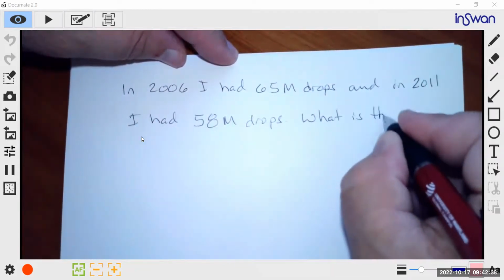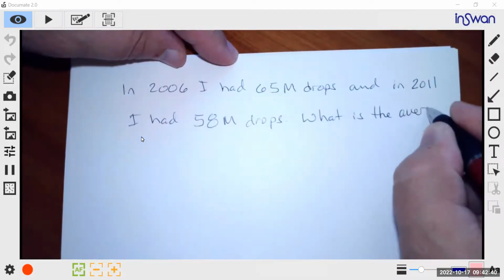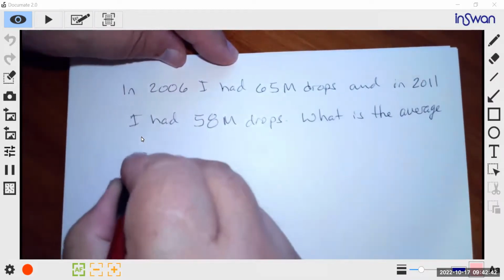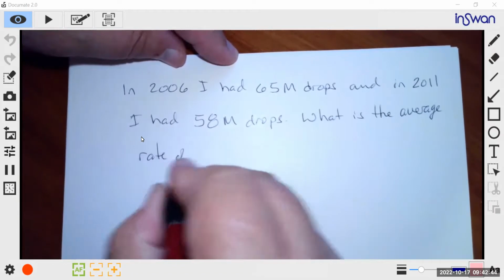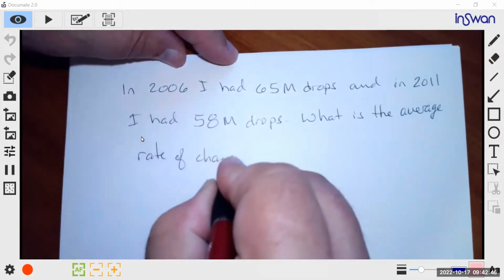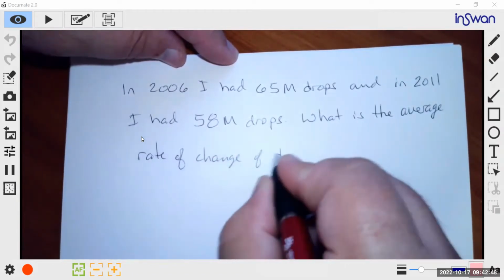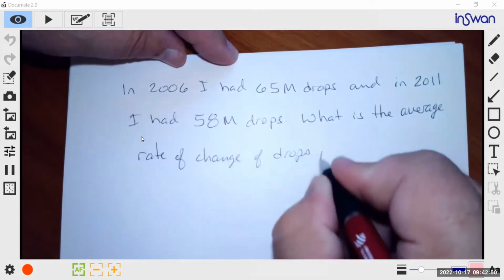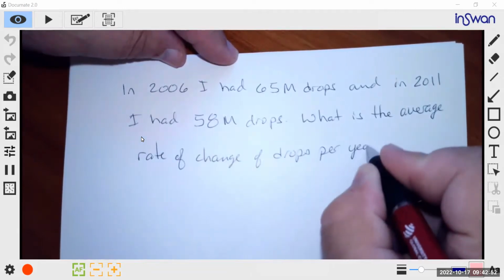What is the average rate of change of drops per year?